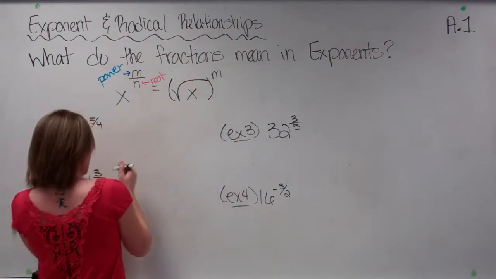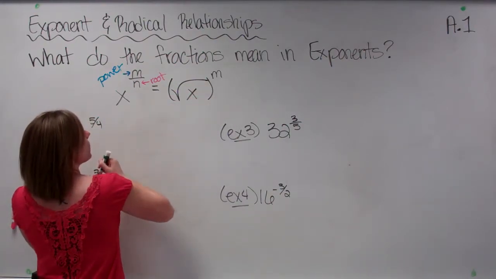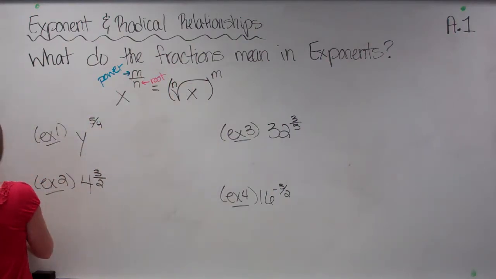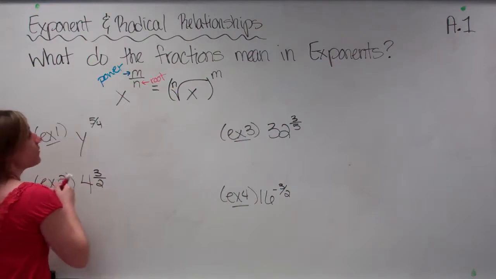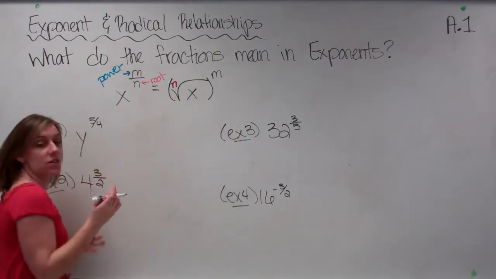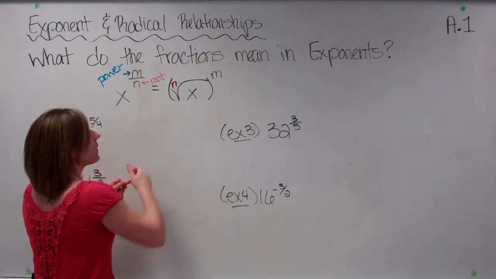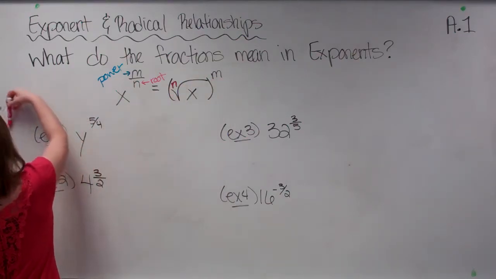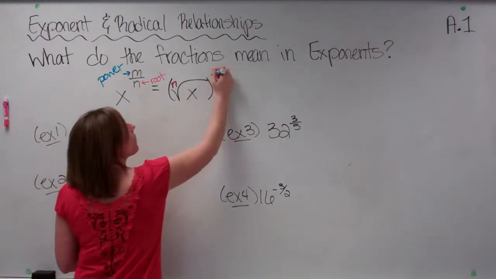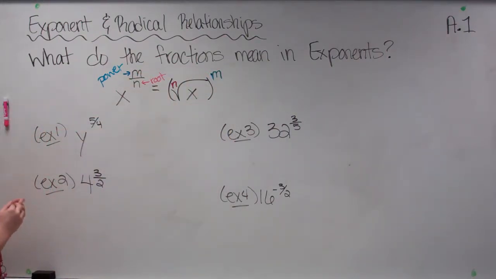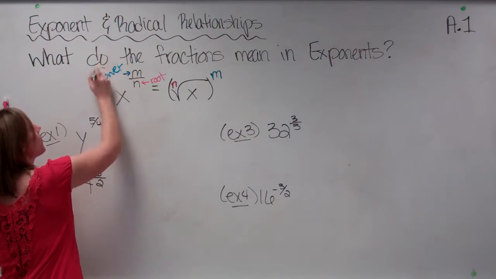So x is still here, and the root we would have is what we would put right there. So typically, we work the root out first, because it's always better to get the number smaller. And then whatever number we get, we then take it to that power in our numerator right here. Okay? And so we are going to practice what I'm saying right here with some numbers, but this is the rule that you want to keep in mind.